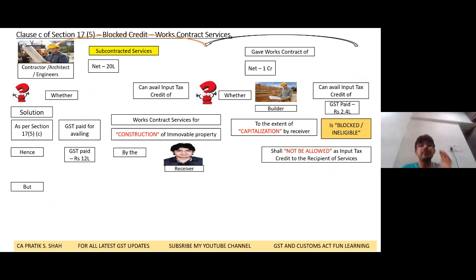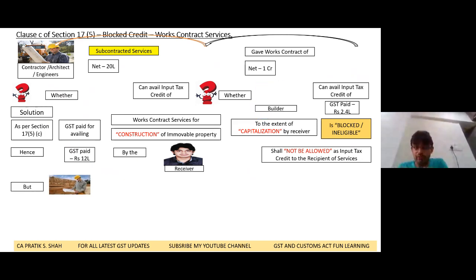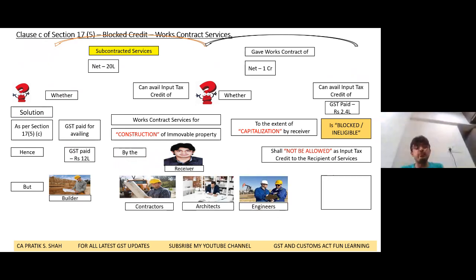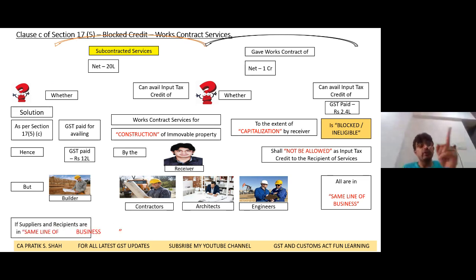But listen, you are a works contractor, and you have also received works contract service, the same line of business. Both are works contractors, or both are architects, or both are engineers, the same building line. So if you have received a works contract service, you both are in the same line of business.